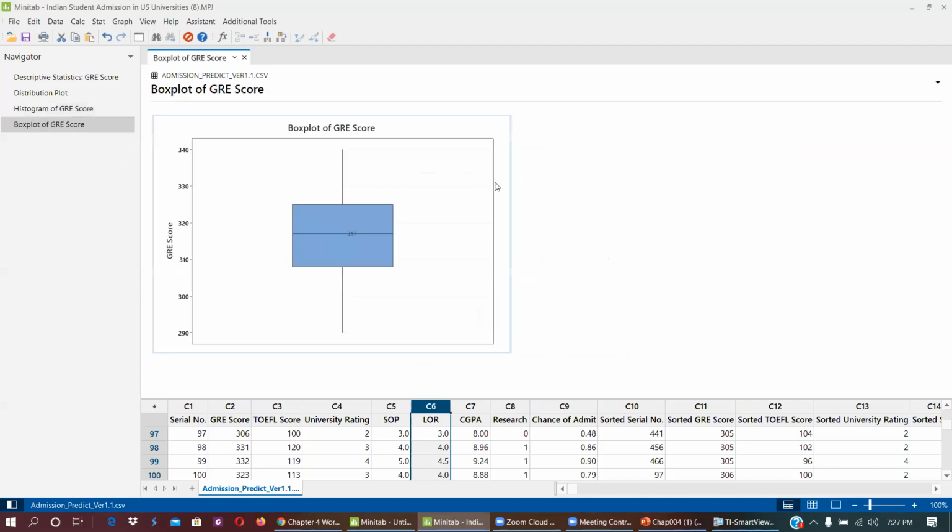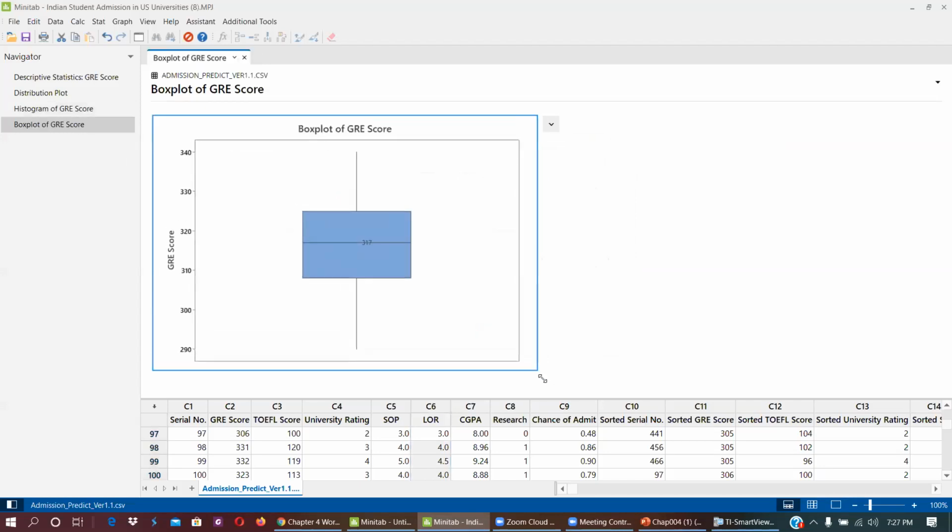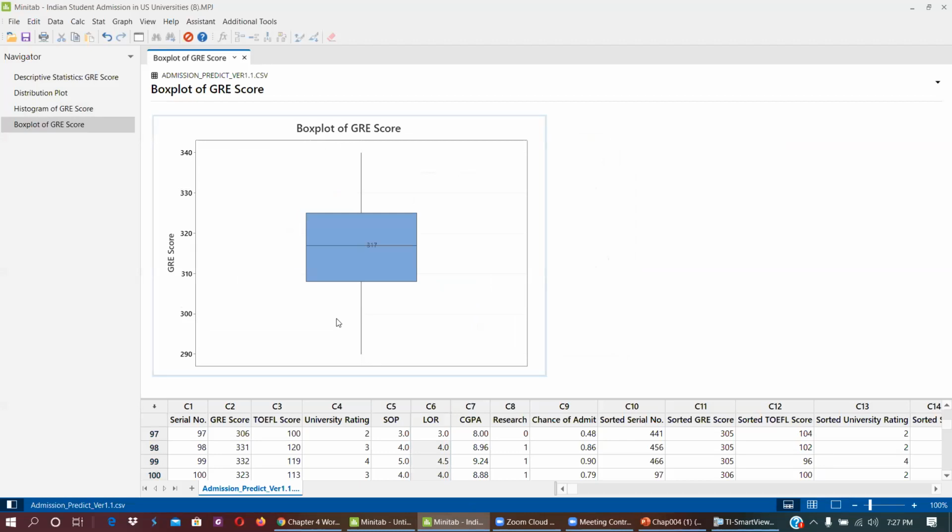Okay, can you see this? What is the Q1? What is the median? What is the Q3? What is the interquartile range?